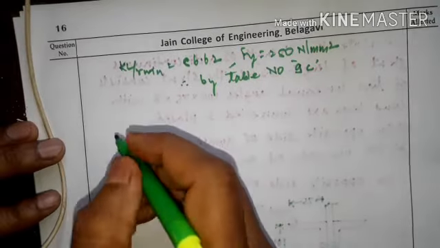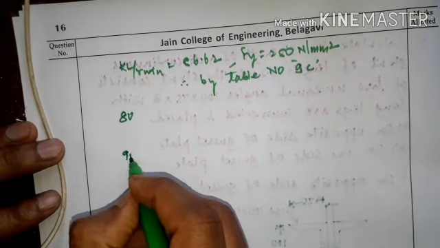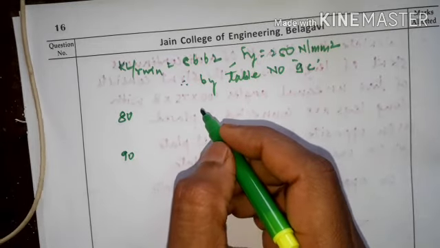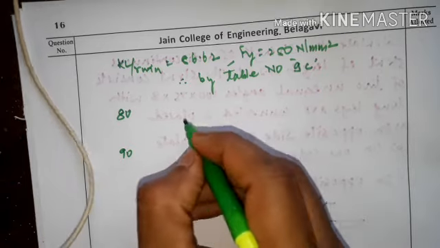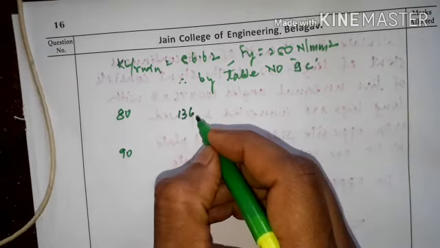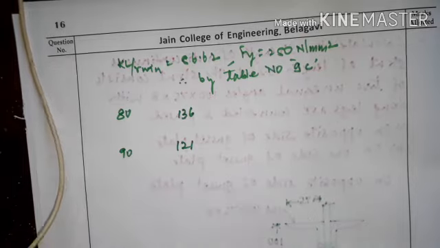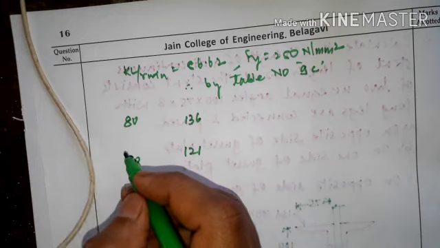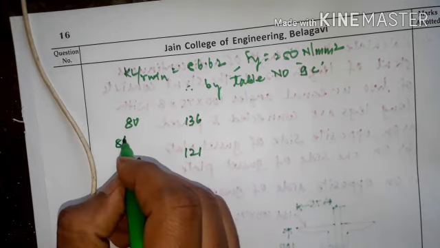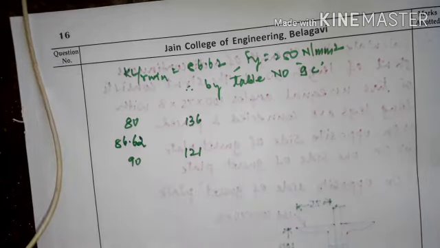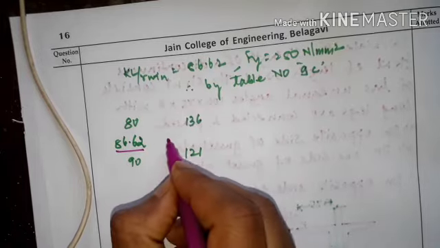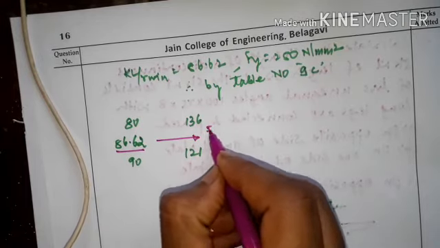KL by R is 80 and 90, and the values are 136 for 80 and 121 for 90. You have to interpolate for 86.62 to find the value of FCD.